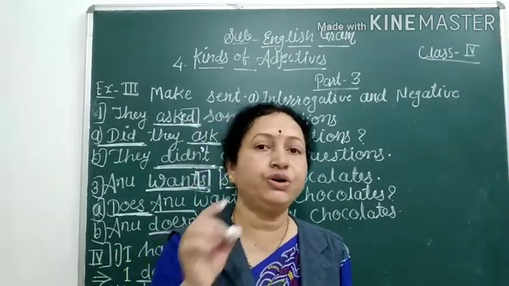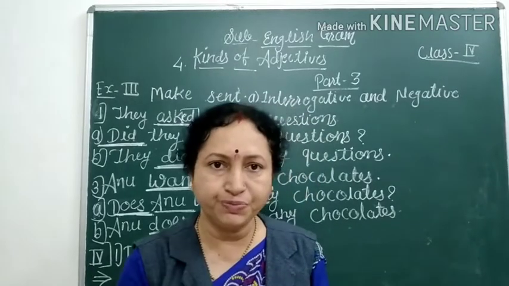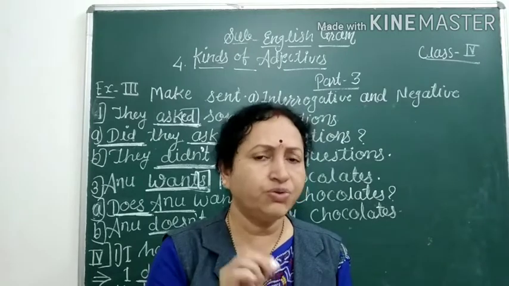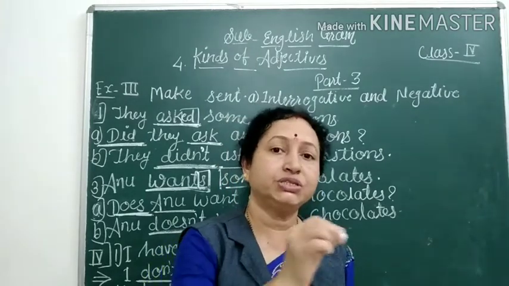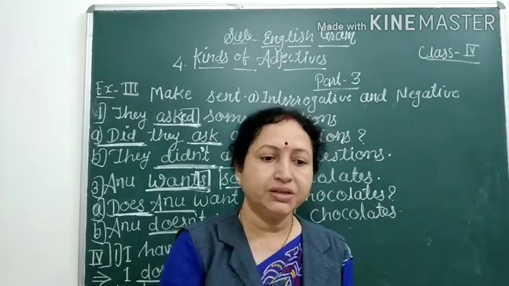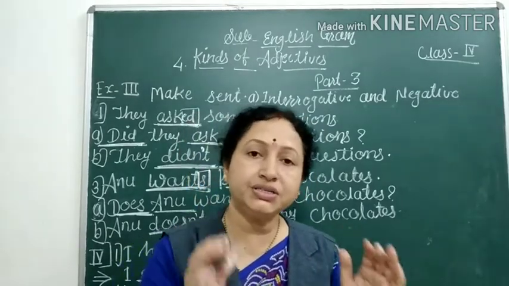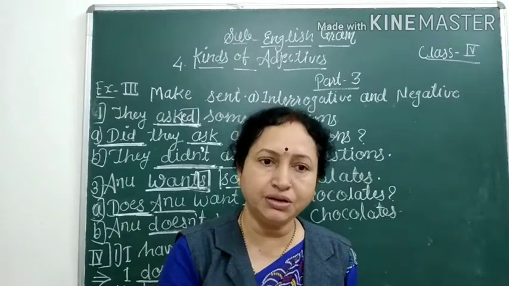They don't want any help from you. Why do we use do here? Because there is a plural number. Then the next one. There is no sugar in the pot. There isn't any sugar in the pot.